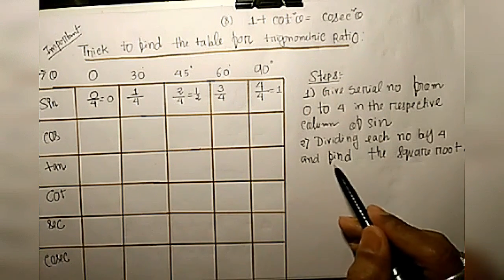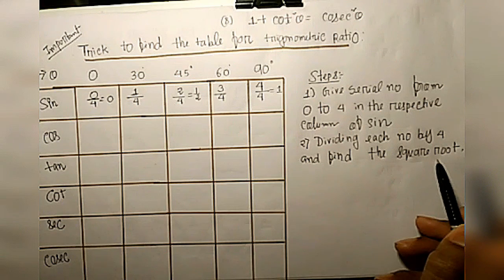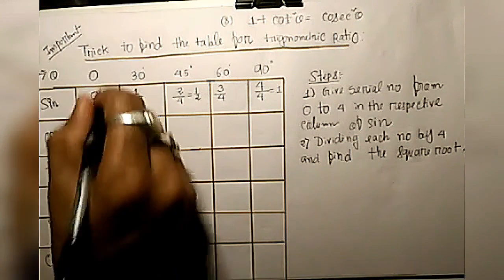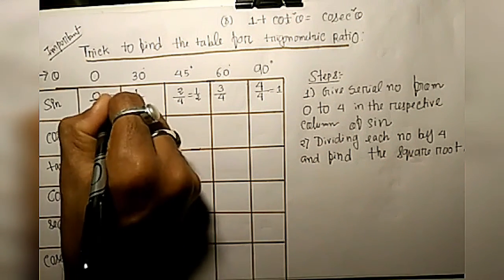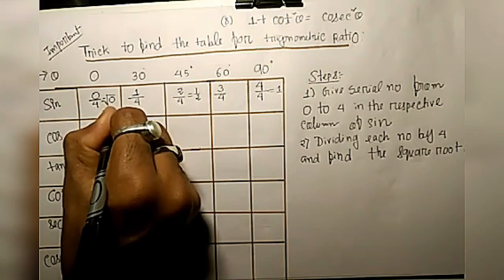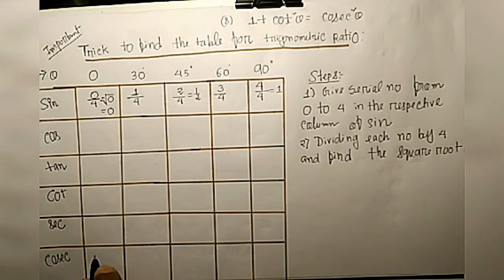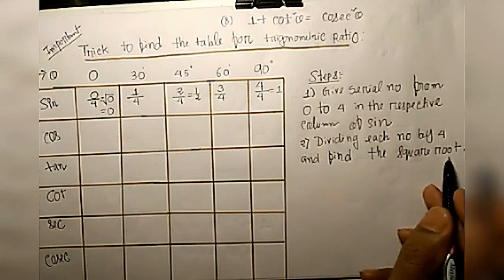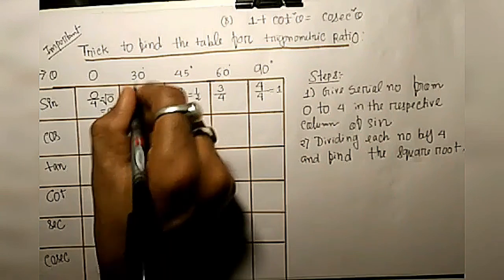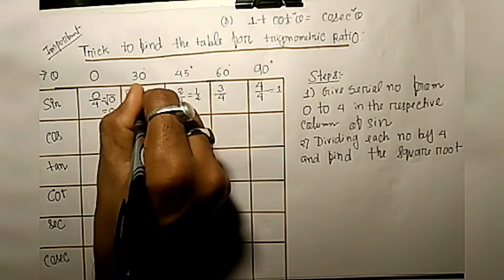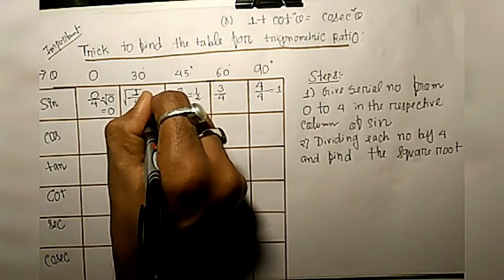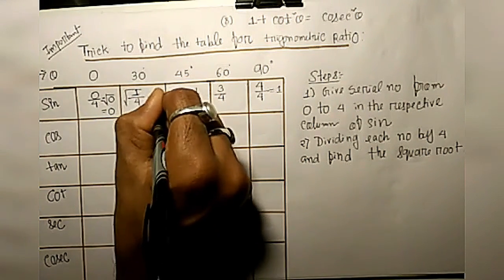So once again, step number 2: dividing each by 4 and find the square root. Now we have to find the square root. Square root of 0 is 0. Square root of 1 by 4 equals 1 by 2.